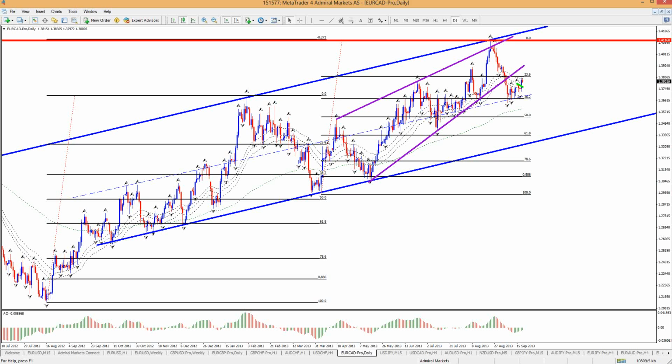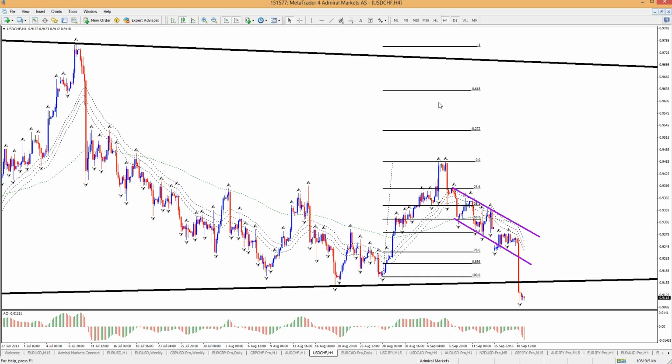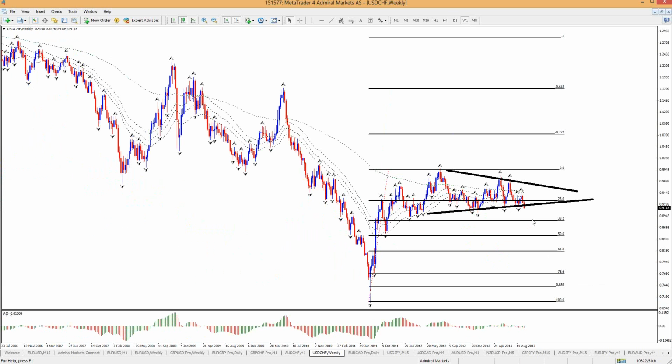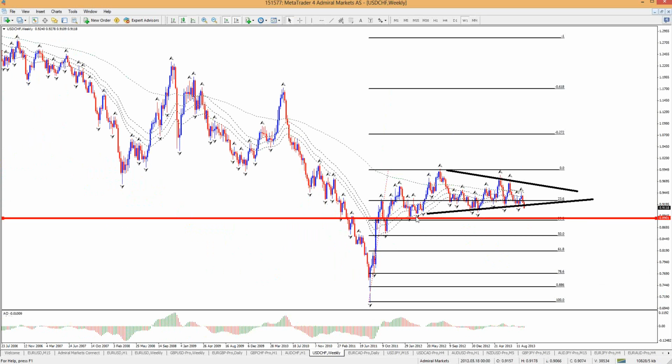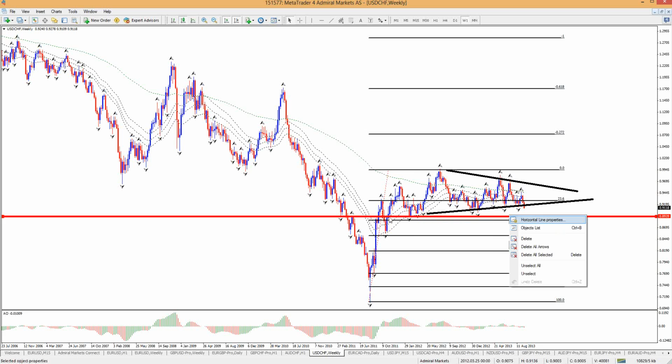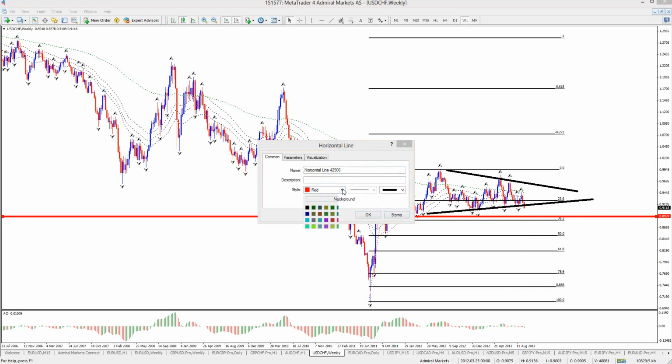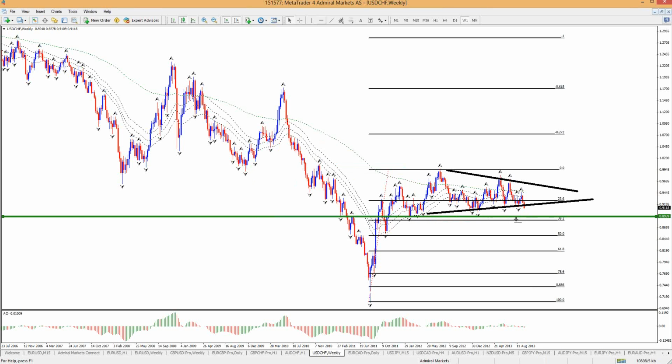Yeah, probably. I think the Swiss National Bank is probably getting a bit worried about the dollar Swissy. I mean, it is pushing through this trend line. Now, obviously, we have major support levels close by, at 90, 89.